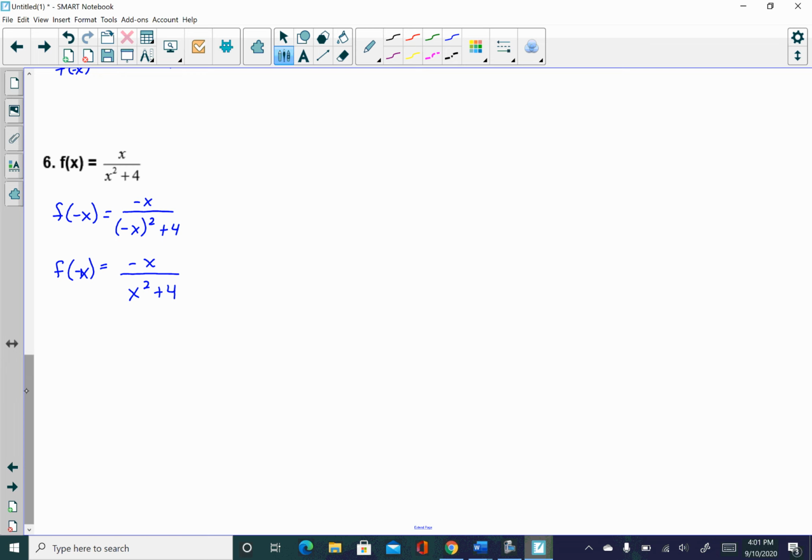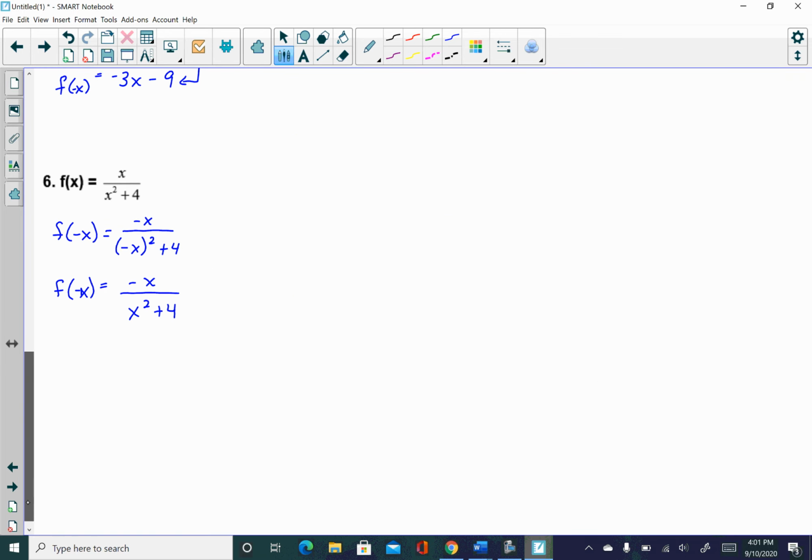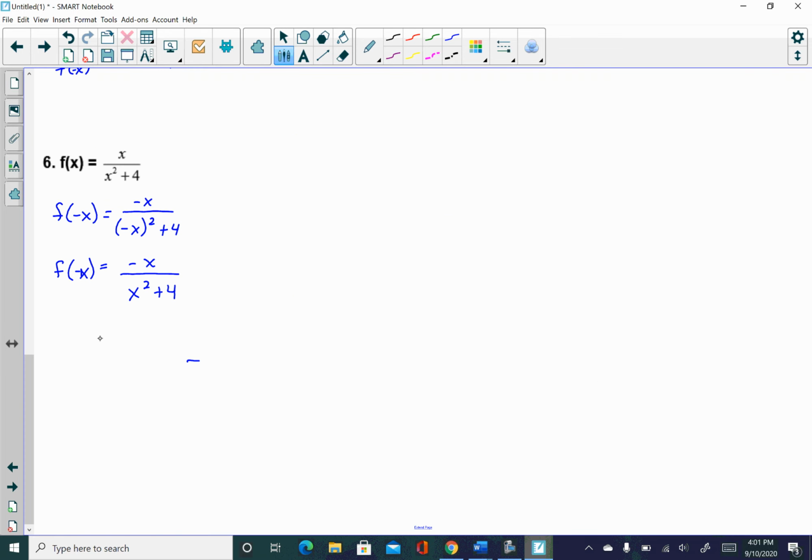Back up here at the top, we said that in order to be odd, f of negative x had to equal negative f of x, or negative 1 times f of x. Wouldn't it be legal for me to rewrite this function here as negative 1 times x over x squared plus 4?